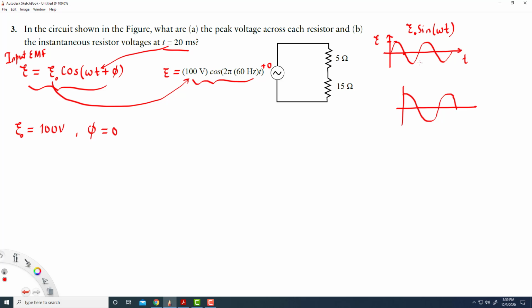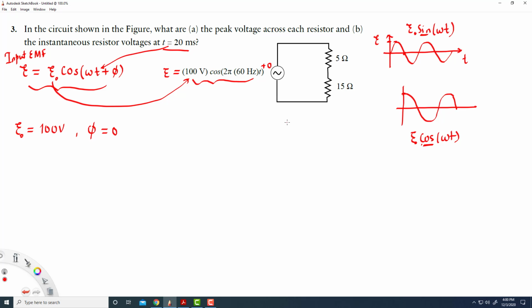Because it's the cosine in the given expression, that means the curve should be like this one. So it would be E naught cosine omega t. So depending on where your wave starts, you can have sine or cosine. If it starts from 0 value, you have sine here. If it starts from the maximum value of the curve, then you have cosine here.